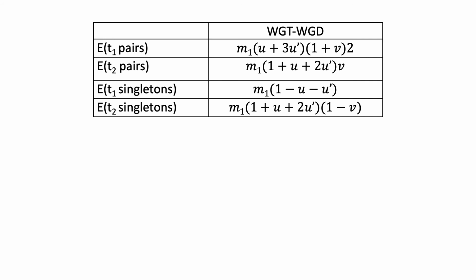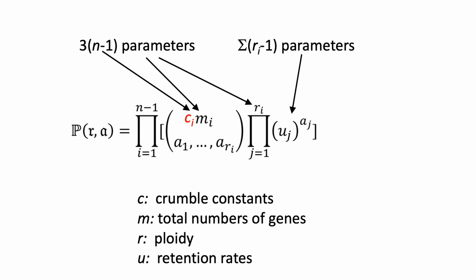So this becomes C, the crumble constant, which is added in two of the equations. And this happens in general whenever we have more than 2 retention rates. If Ri is bigger than 2, we have extra parameters.